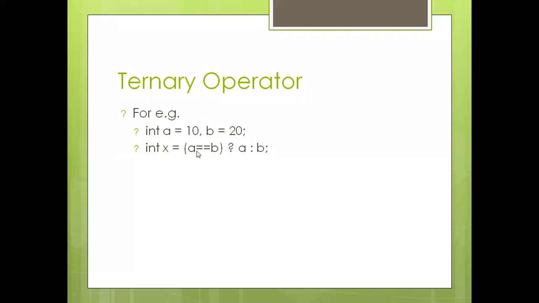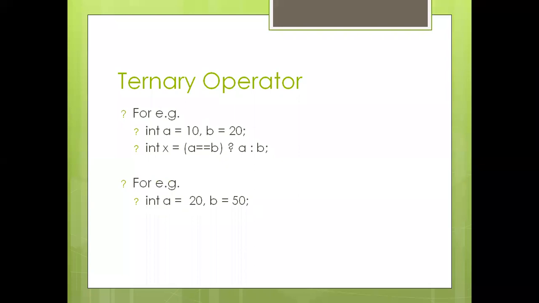No, this condition is false. When this Boolean expression returns false, then this B is going to be returned, meaning expression 2 will be returned. So the value of x will be B, which is 20. Okay, understood?